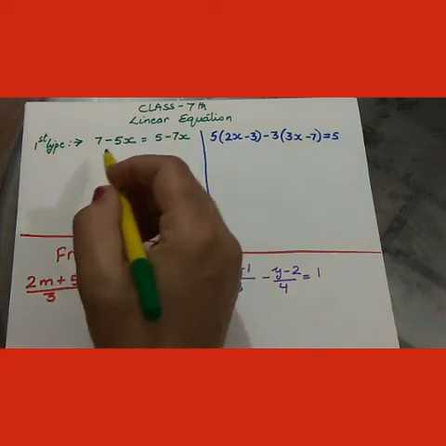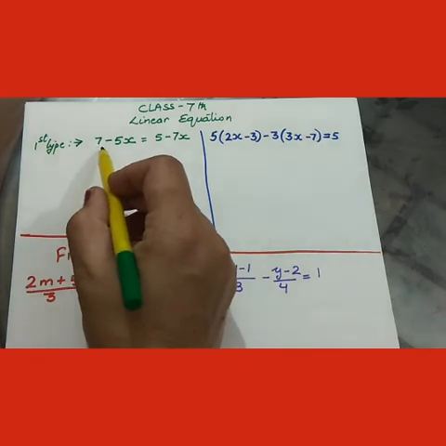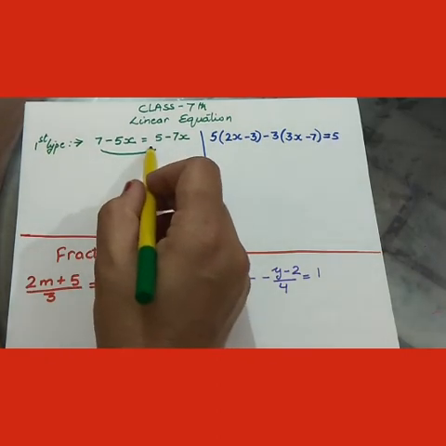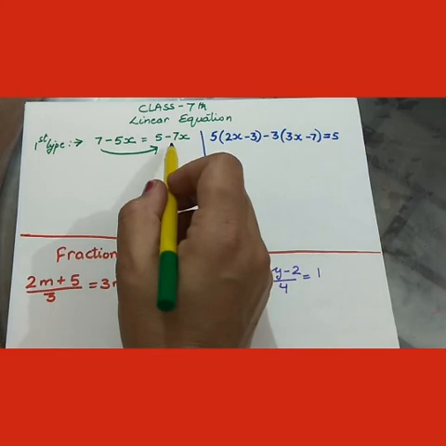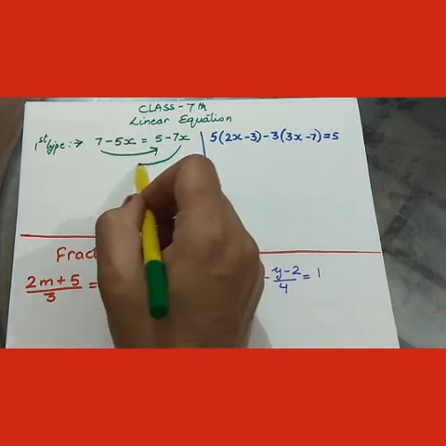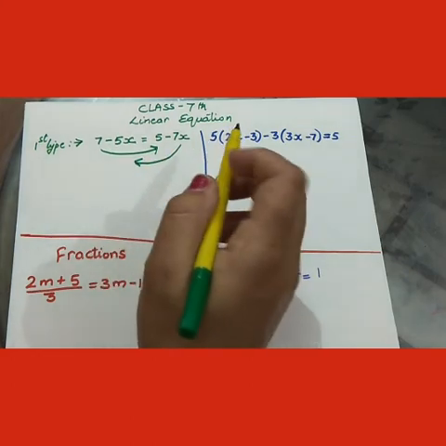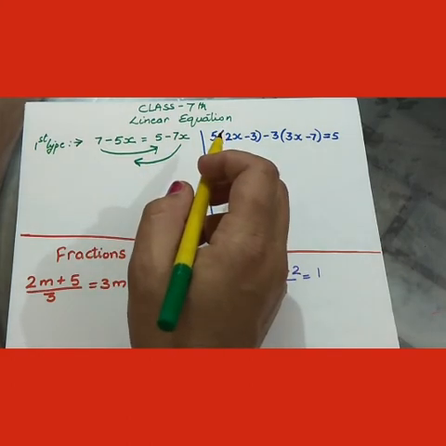So over here, 7 is a constant, so I am going to take it to the other side, and minus 7x is a variable term, so I am bringing it to the left hand side. When you are transposing numbers, change their sign. If it is positive, it will become negative, and if it is negative, it becomes positive.